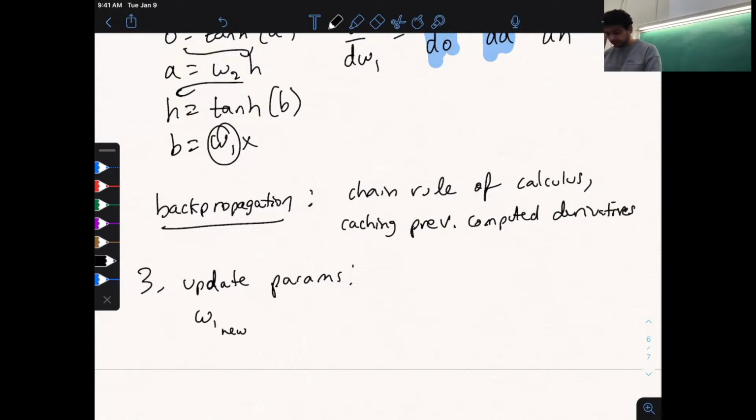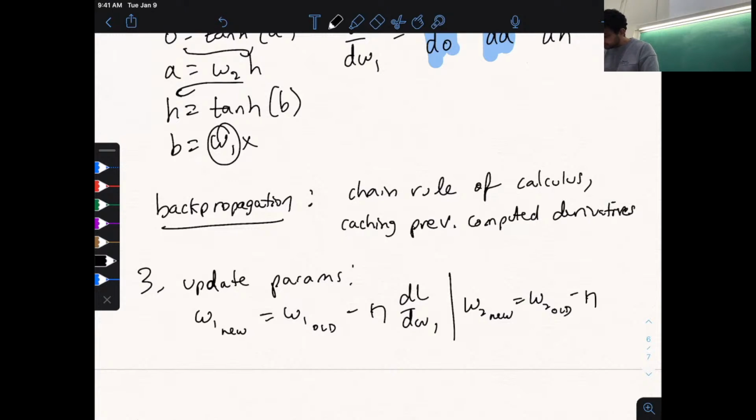W sub 1 new equals W1 old minus eta times dL dW1, and similarly W2 new is W2 old minus eta dL dW sub 2. So I computed my loss function, computed the gradient, and then used it to update both of these parameters. The idea is that my new loss will be lower than the one I had for the old set of parameters. All right, does that make sense?